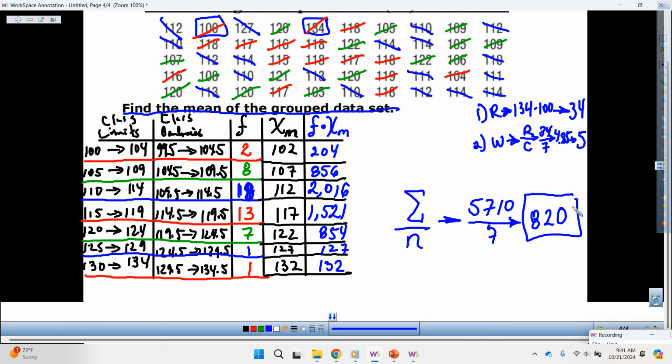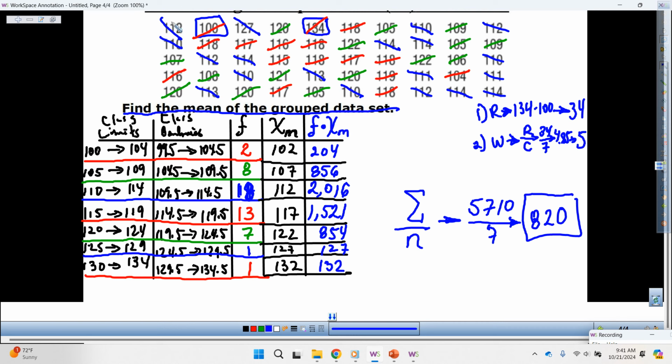All right, here goes the process one more time to make sure we got it. Do we know how to find the class limits, class boundaries, and frequency? Yes? Midpoint. Yes. What's the only column that we added today, though? Frequency times the midpoint. And we need that column in order to find the mean of the group data. Now, why do we need that?